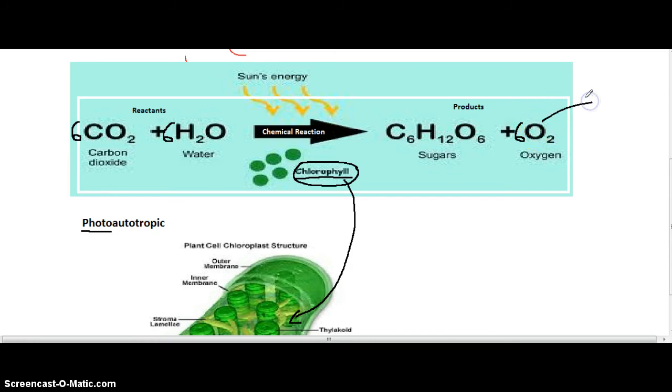Oxygen is a waste product, so plants get rid of it, and then you breathe it in, and so do squirrels and other heterotrophic organisms that carry out aerobic respiration.